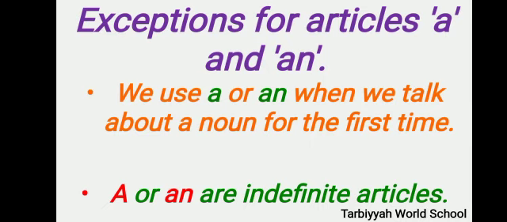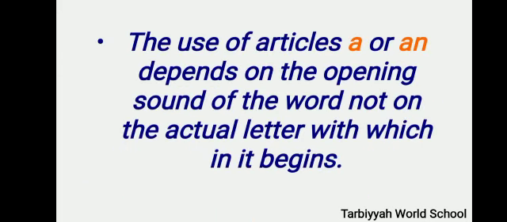We use a or an when we talk about a noun for the first time. A or an are indefinite articles. See, the use of articles a or an depends on the opening sound of the word, not on the actual letter with which it begins.